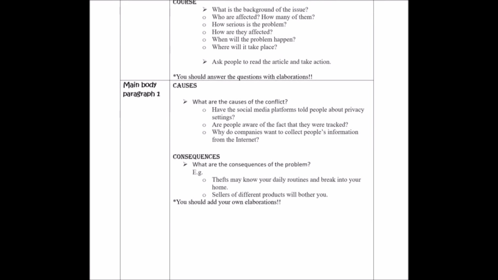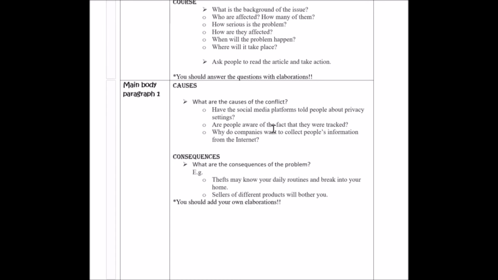Okay, so these are all the guiding questions that guide your thoughts when you write. Okay, so when you proceed, in your body paragraph, basically there will be 3 body paragraphs, right? So in your body paragraph 1, you need to tell us about the causes of the conflict. Like, why do companies want to collect people's information from the internet?